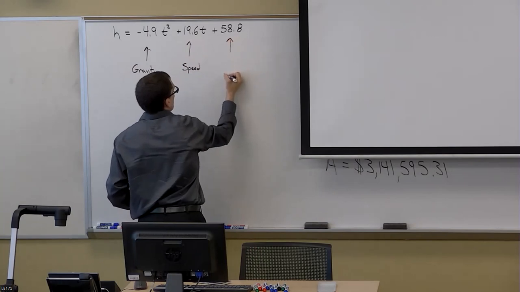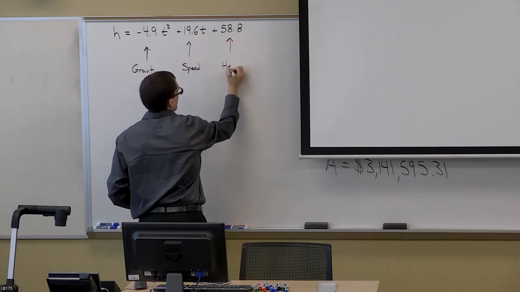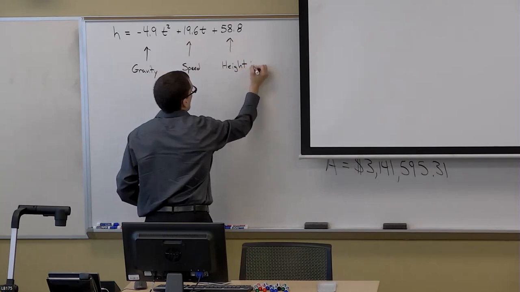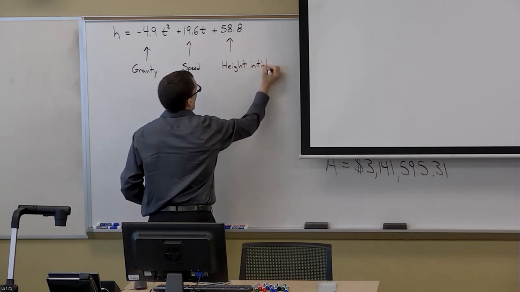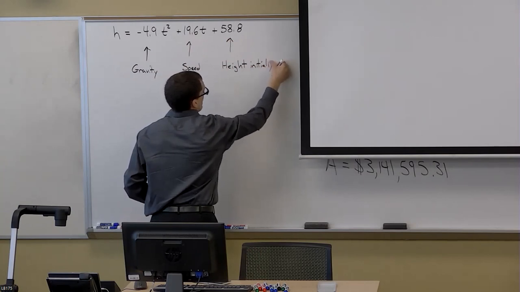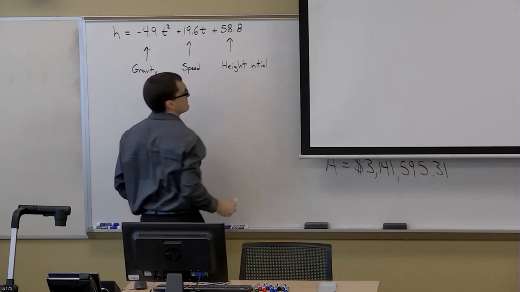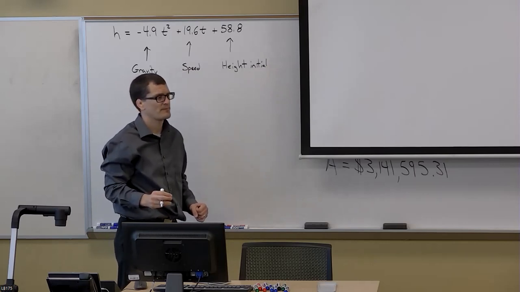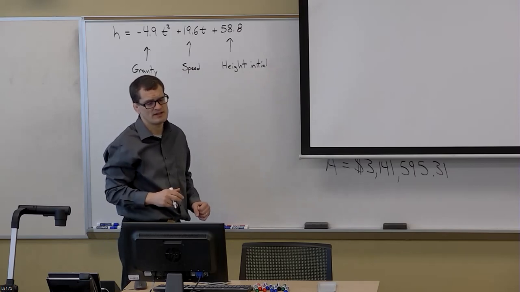And then this number comes from the original height, or the initial height. Does that make sense? The initial height, the speed, and the gravity.